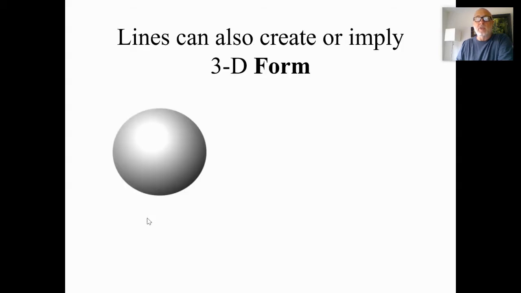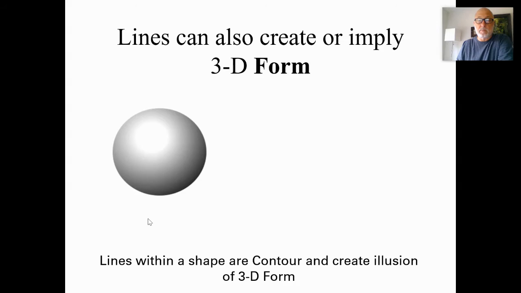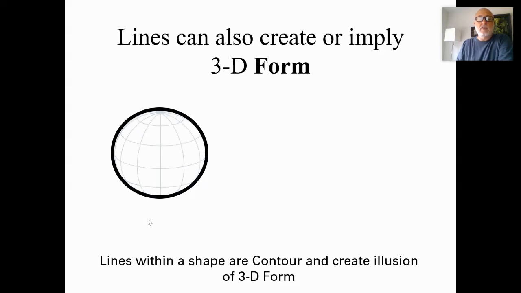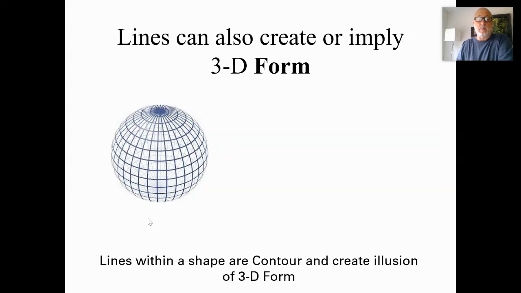We can start to use lines to imply or create the illusion of a three-dimensional form. Now, lines within the shape, the lines that define the surface of this form, would be called contour lines. And these contour lines can be rather simple, or they can be extremely complex.